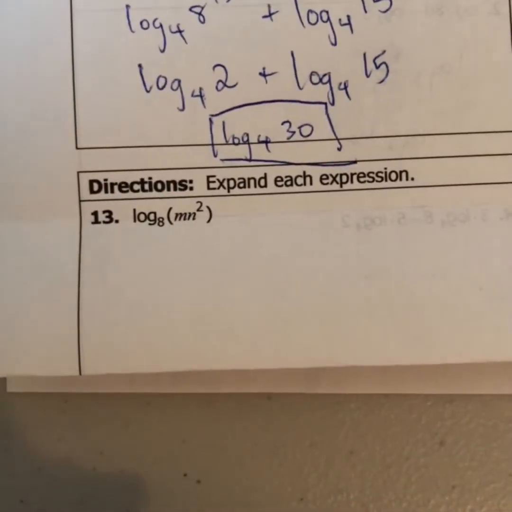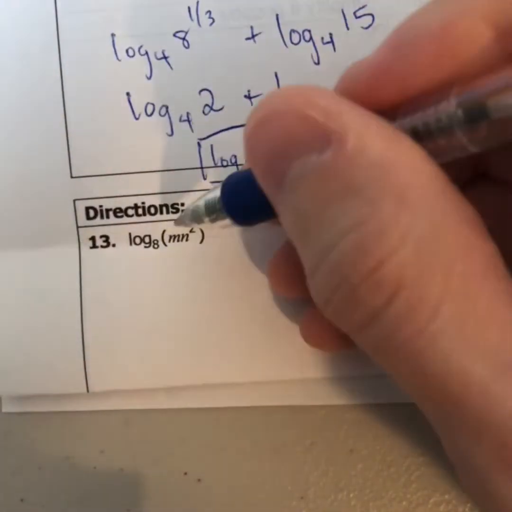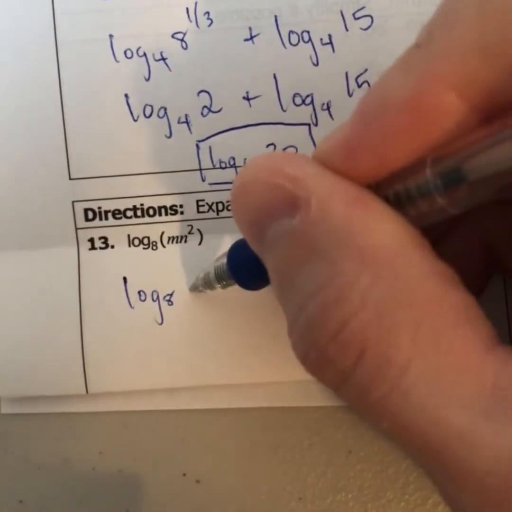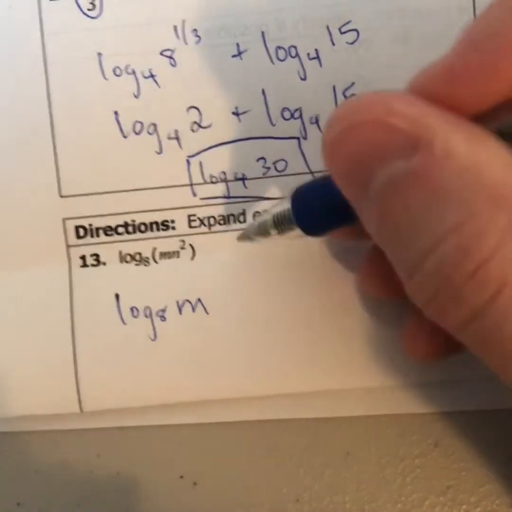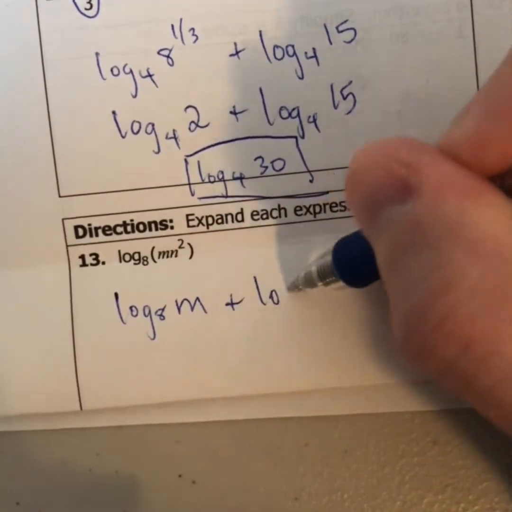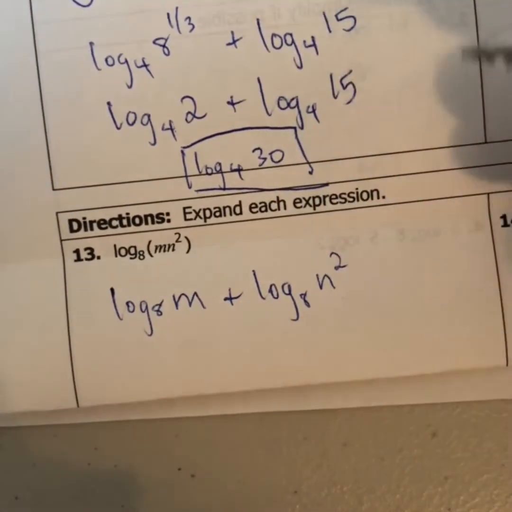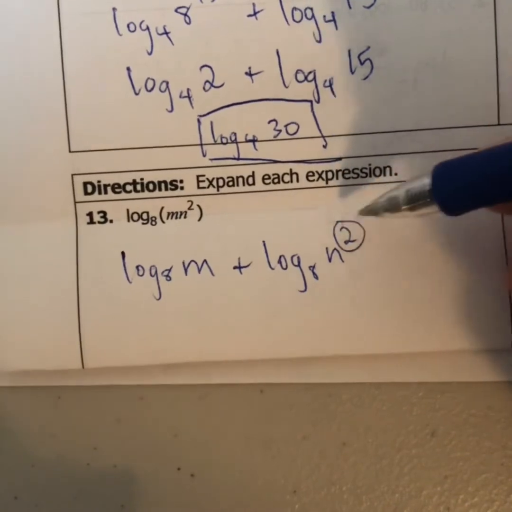Okay, and then last couple here, expanding. So once again, take it one step at a time. Log base 8 of m. Now, it's multiplication, so remember, multiplication turns to addition, so I'm going to go plus log base 8 of n squared. And then last step here, we have a power rule going on.